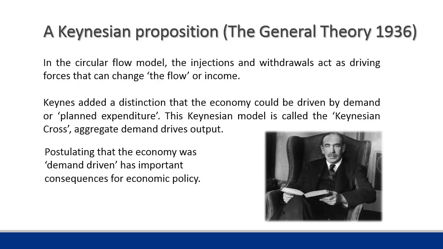So the distinction comes that we use expenditure, or certainly planned expenditures, as a proxy for aggregate demand, and we can derive a model that shows that output is driven by this demand.